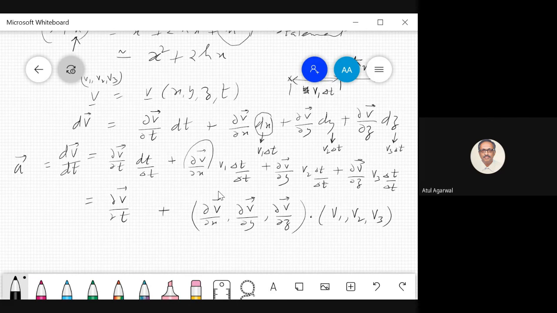Del v by del x, so this is having a dot product with v1, v2, v3. This is nothing but gradient of v. You know gradient operator?